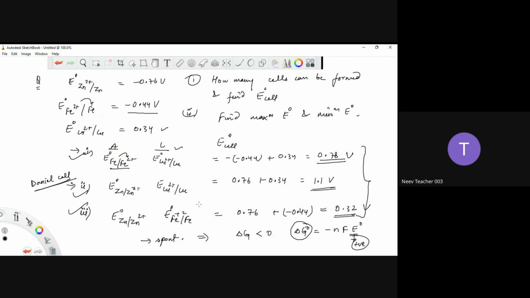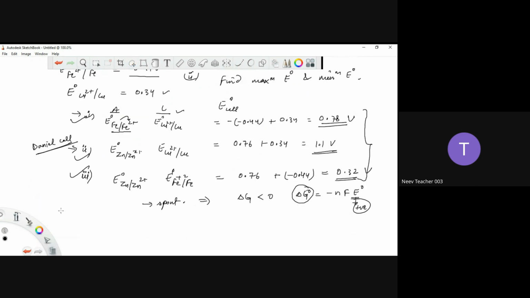This is how you're going to approach this question. You need to identify which out of the three is going to be used as the oxidation potential and the reduction potential, and the combination should be positive. Are you getting what I'm saying? From here only you can decide which is going to be the maximum.